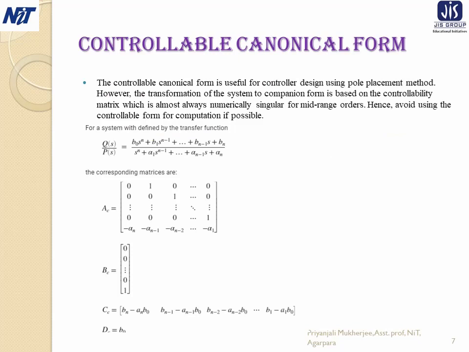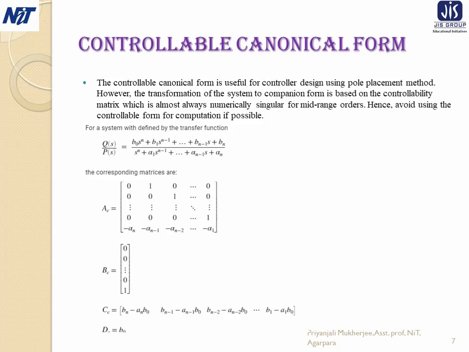This form is generally useful for controller design using the pole placement technique. The transformation of this system to companion form is based on the controllability matrix, which is generally numerically singular, and we will avoid using this controllable form for computation if possible.